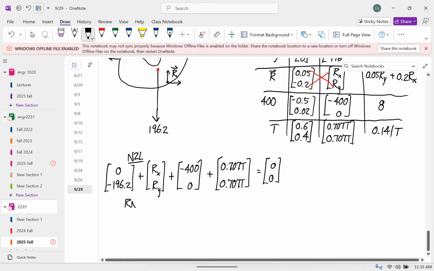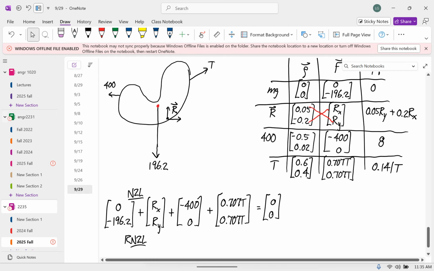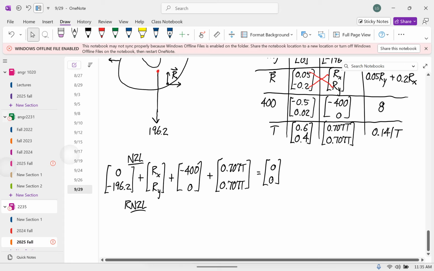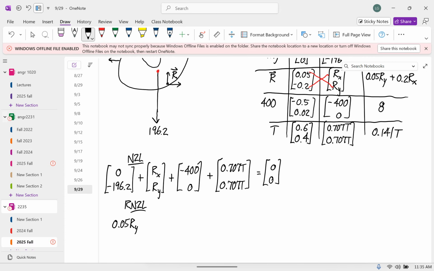And the moment equation says 0.05 Ry plus 0.2 Rx plus 8 plus 0.141 T is equal to 0. And we have 3 variables, 3 equations, so we can solve that.